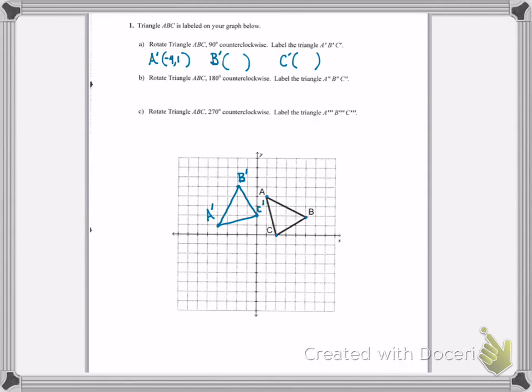Now, it does look like I took this and I rotated it 90 degrees counterclockwise. There is a rule, so I'm going to fill these in, -2, 5, and 0, 2. The rule for 90 degrees counterclockwise is we're going to take an ordered pair, the x and the y are going to switch spots, and we're going to take the opposite of the y coordinate.